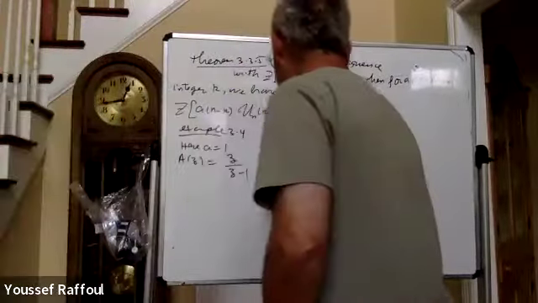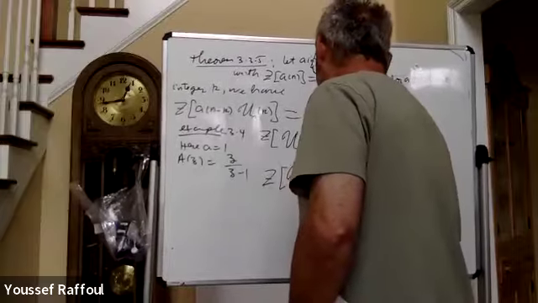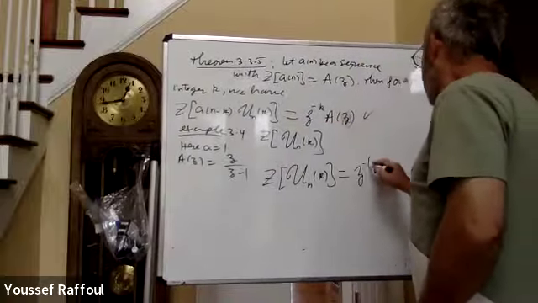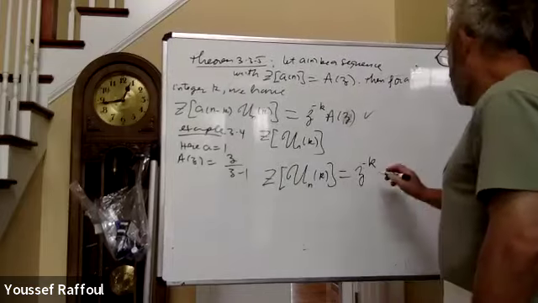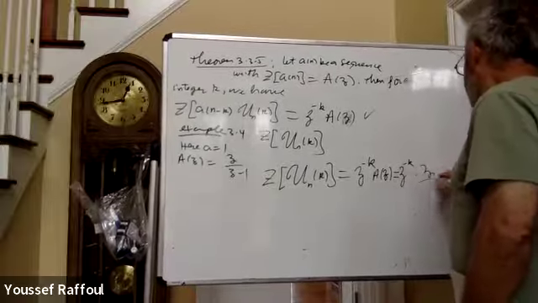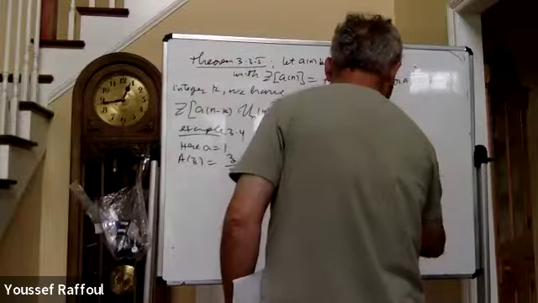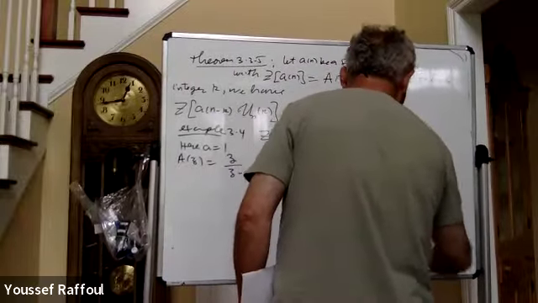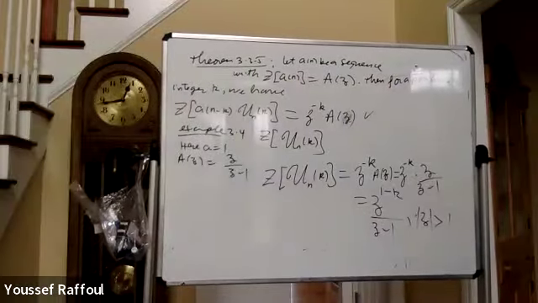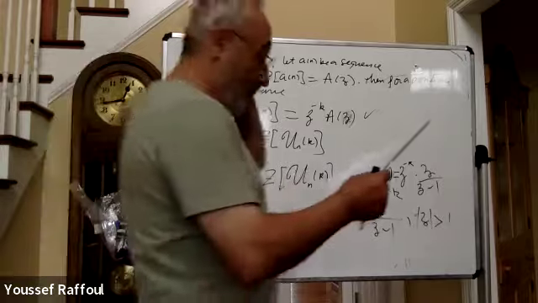And so this one equal to Z minus K times AZ, and that is Z minus K times Z over Z minus 1, and that is Z to the 1 minus K over Z minus 1, for Z bigger than 1. Okay? You see what happened? And then you can do so many other things with it.